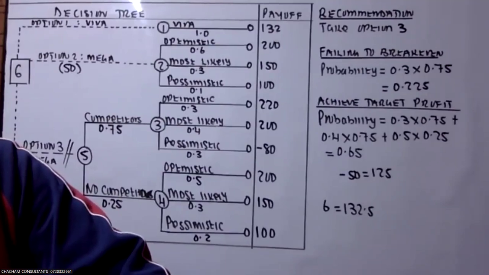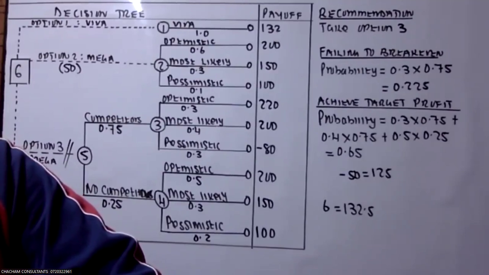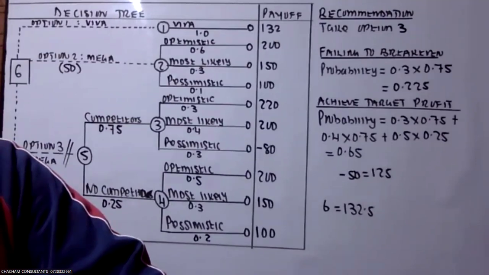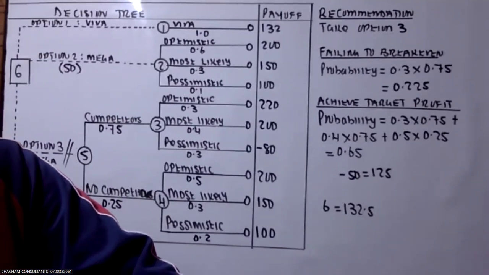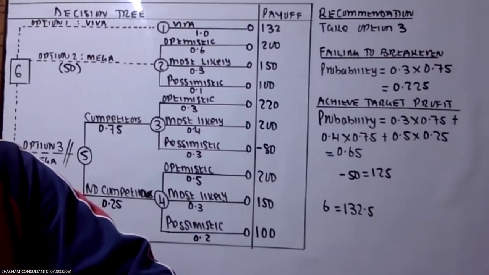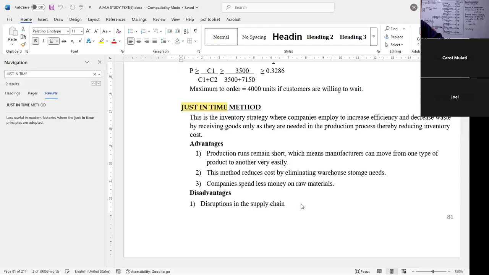Question number 2, whereby we are told, discuss 4 salient features of just-in-time inventory. I gave you an assignment when you were in class to look at the features of just-in-time.